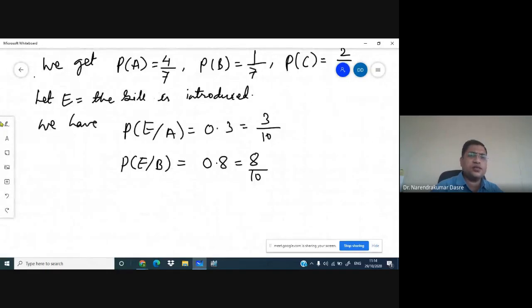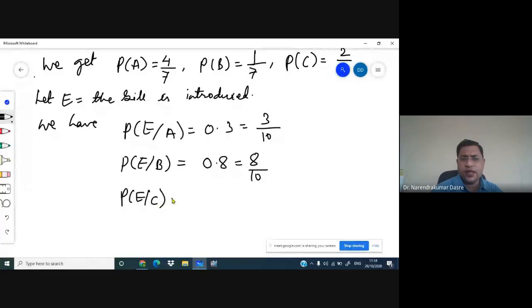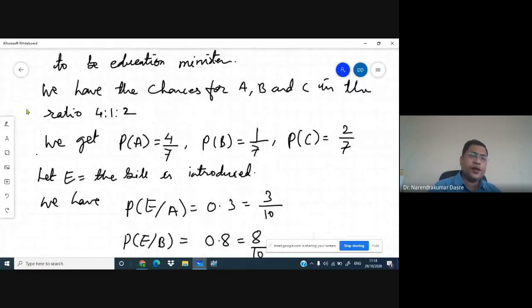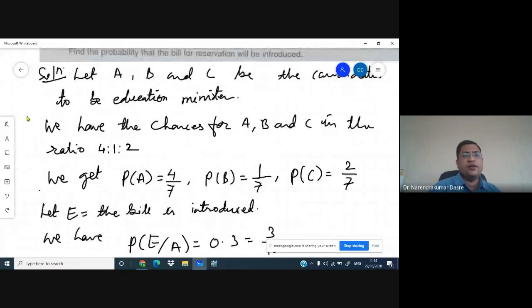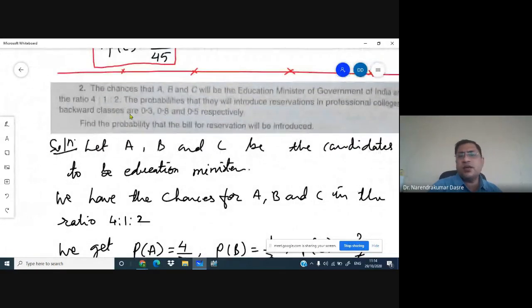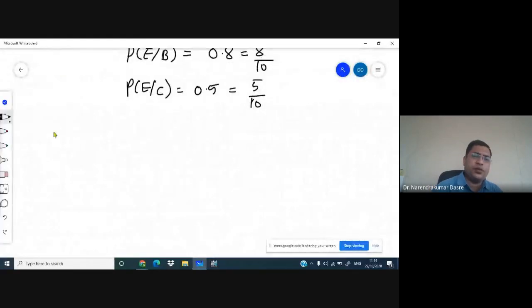The probability that the bill is introduced when C becomes education minister is 0.5, and that's 5 by 10. Now we want to find the probability of E: whoever becomes the education minister, what are the chances that the bill will be introduced? So we have, by total probability here.